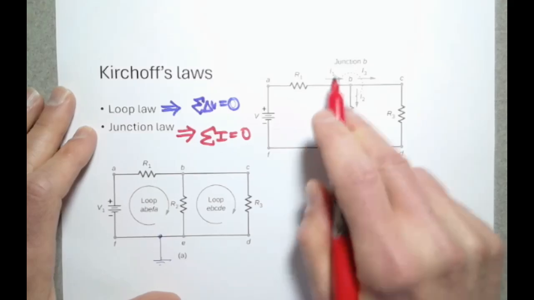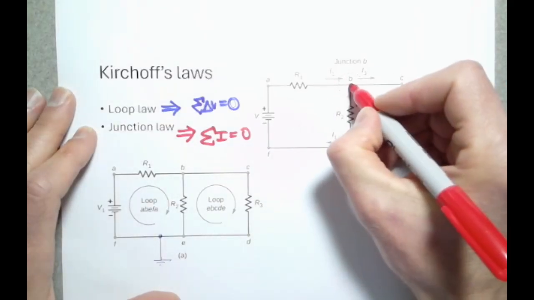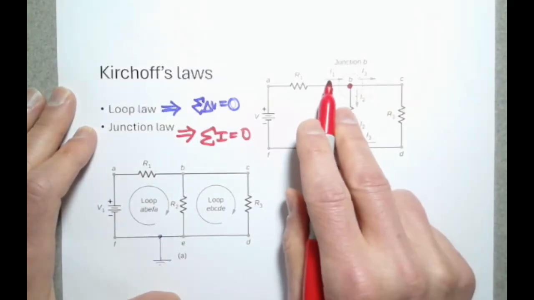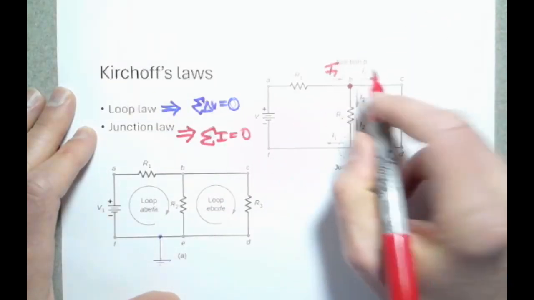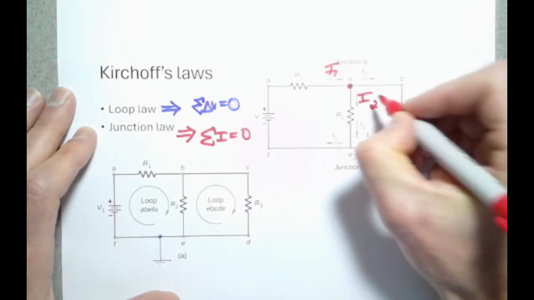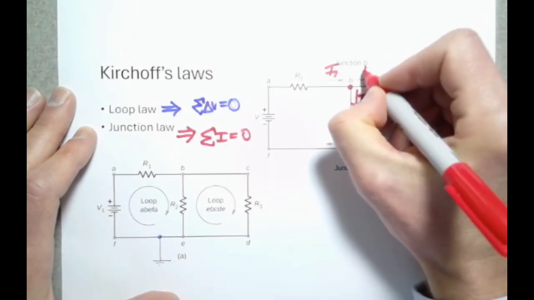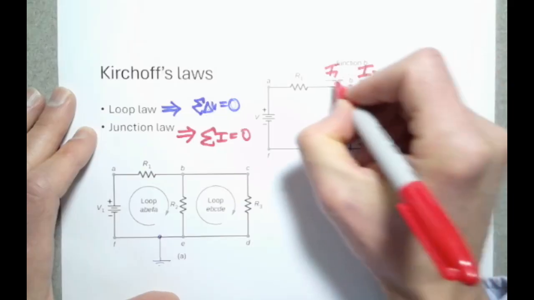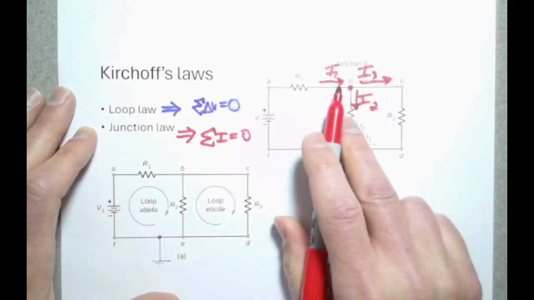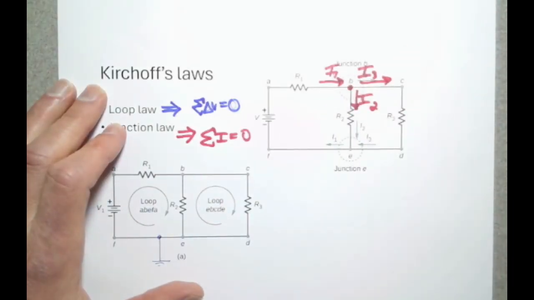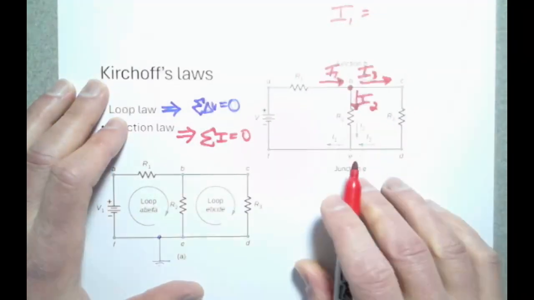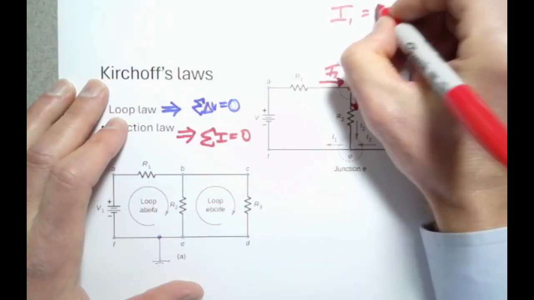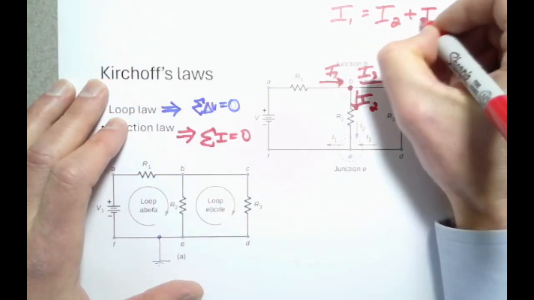Just as an example here, we've got junction B, and I've got I1 coming in. This is I1. I2 is going out, that's I2 right there, and I3 also going out. So I can express the junction law in one of 2 ways. I can say that the incoming current, I1, is equal to the sum of all of the outgoing currents, I2 plus I3.